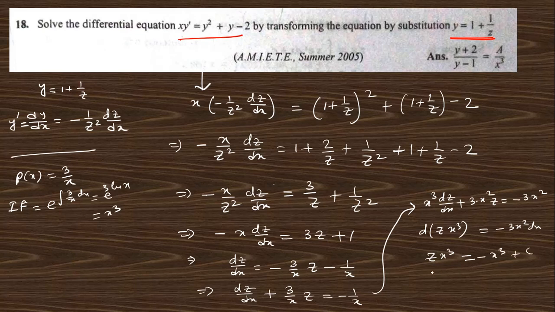Put the value of z. z is from here, 1 by z equals y minus 1, so z is nothing but 1 by y minus 1. So 1 by y minus 1, x cube equals minus x cube plus c. If you divide by x cube, you will get 1 by y minus 1 equals minus 1 plus c by x cube.